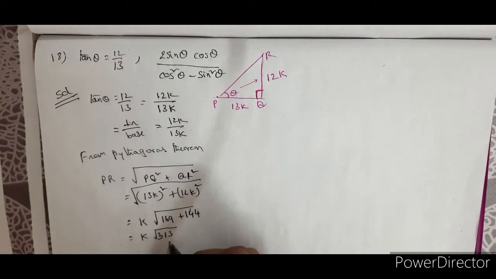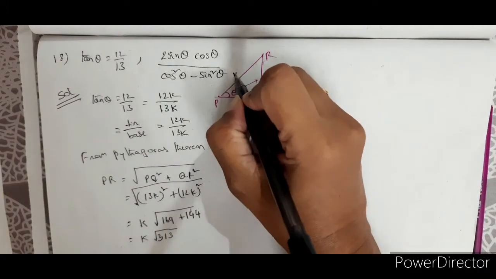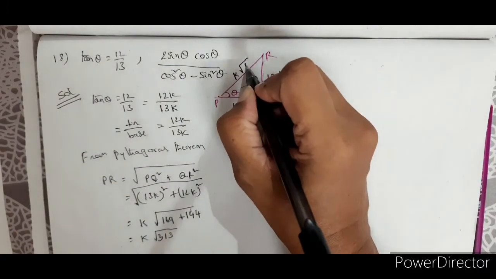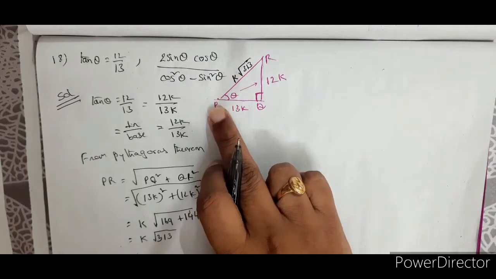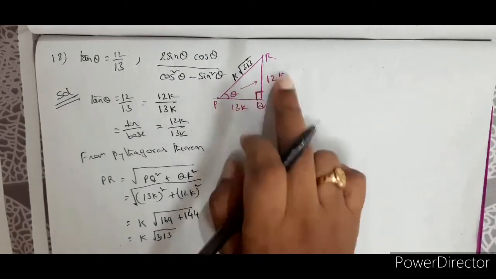Since 3 is not a perfect square in units place, you won't be getting anything as a square root of this one, because this is not a perfect square. You are going to write it as it is. So k square root of 313 is the hypotenuse here. Okay, so now we know all the three sides.